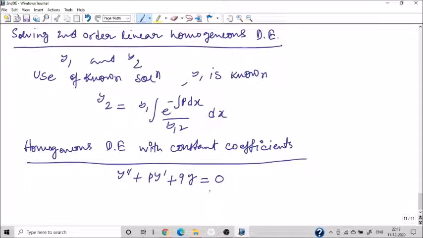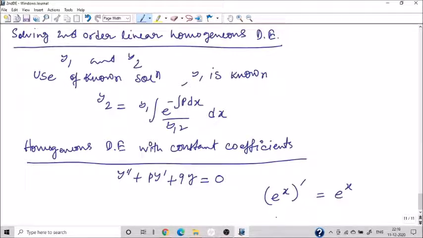The starting point is that the trial solution should be in the form of an exponential function, suppose e to the power x, because the derivative of this function is the function itself. The derivative of e to the power x is equal to e to the power x.